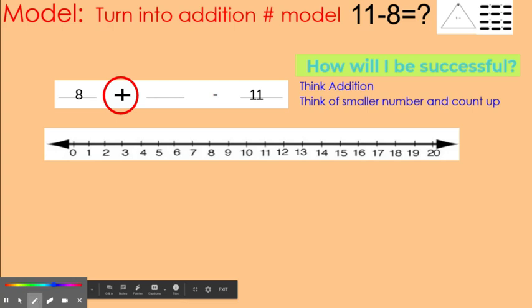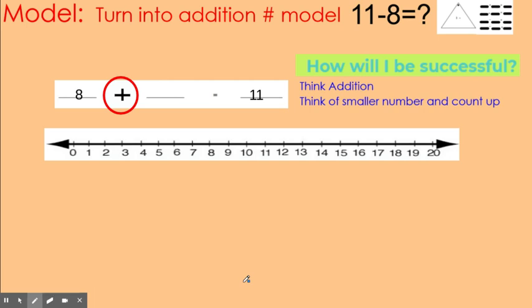In this problem, we see that we are going to have 11 minus 8. Now, I am going to actually use the counting up strategy. When I am thinking of the counting up strategy, I have to start with a smaller number.